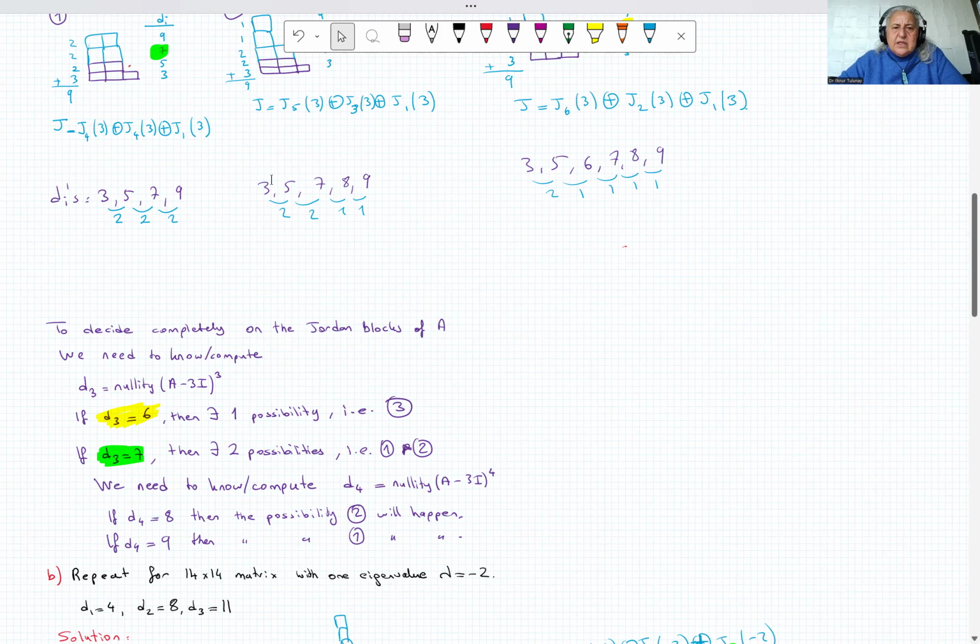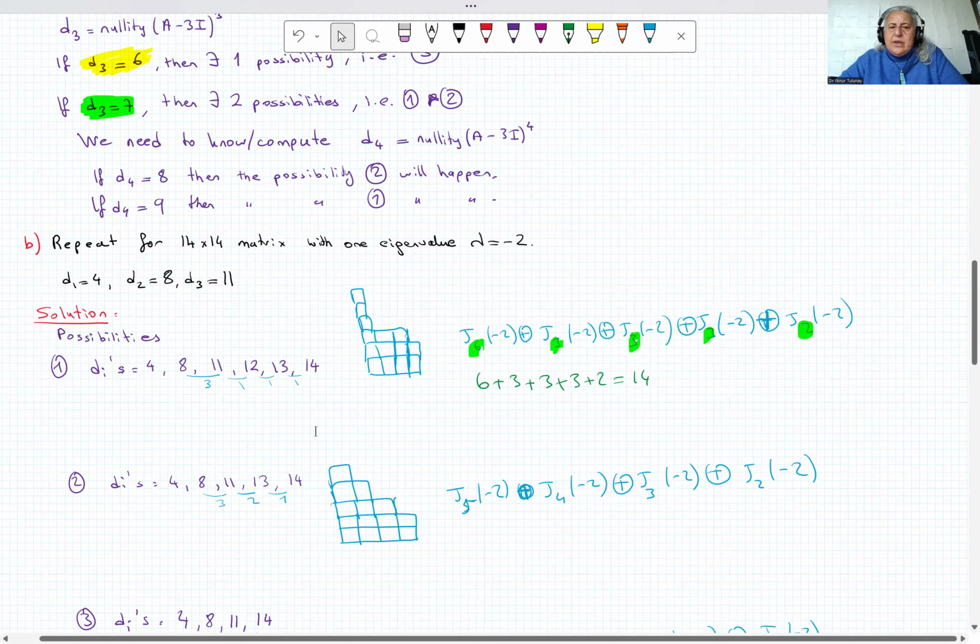If we have a 14 by 14 matrix with one eigenvalue, let's say lambda is equal to -2, D1 is 4, D2 is 8, D3 is 11. What possibilities may happen? From here to here, we have 4 blocks. And from here to here, we have 4 blocks.